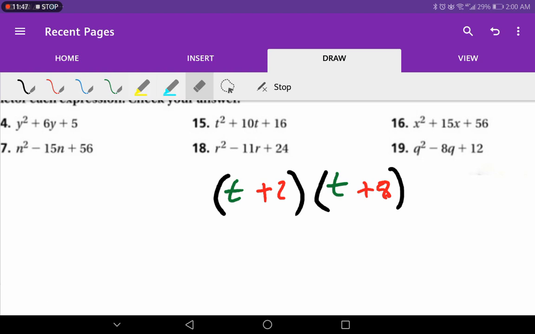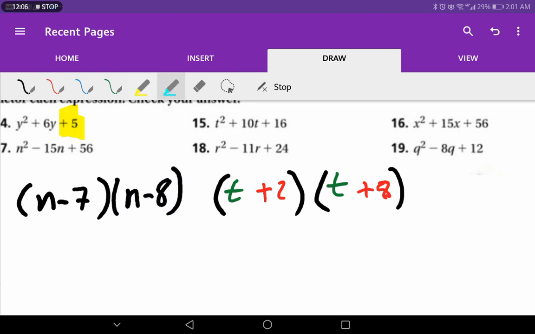So my dear student, here if the constant term is positive, that means the two factors have the same sign, as you see here, negative 8, negative 7.